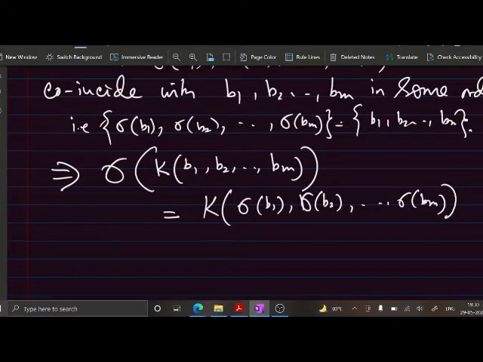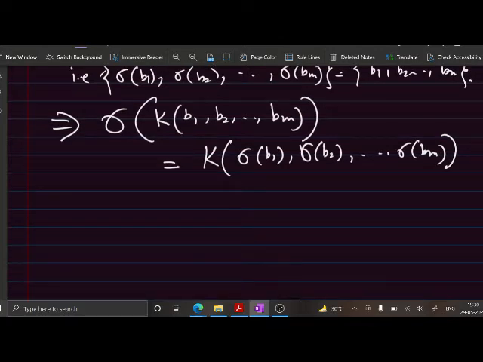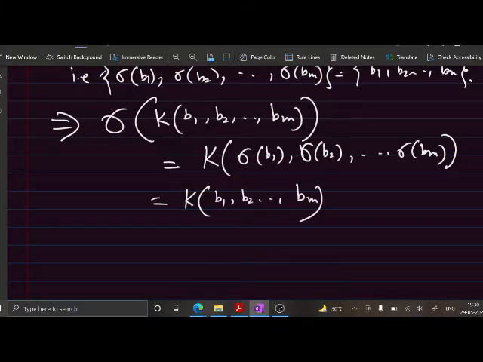Because sigma b1, ..., sigma bm will be amongst b1, ..., bm and the sets are same, so therefore this is again K(b1, b2, ..., bm). So sigma will map this field to this one.